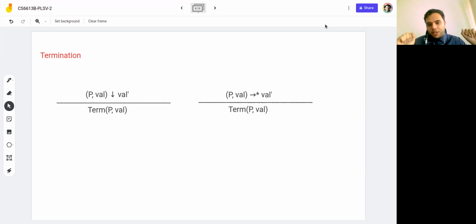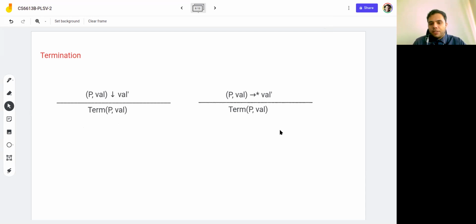So we define termination, and there can be different definitions for this. This is the definition that you can give using big step semantics. Basically, if it ends at any valuation val prime, then it terminates. So term p val denotes that the program P terminates when it starts on valuation val.